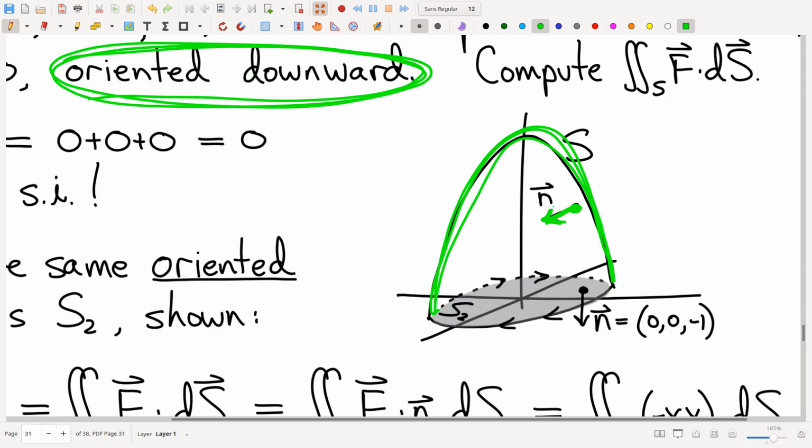Okay, so now what does that mean about the orientation on the boundary? Well, our boundary is clearly this purple curve right there. Which way does the orientation go? Remember, we have rules for this. If you have an oriented surface and you want to know the orientation that results on the boundary, we have a right-hand rule. So you use your right hand, you take your thumb, you point your thumb in the direction of the normal vector.